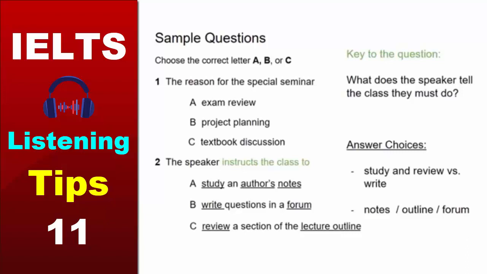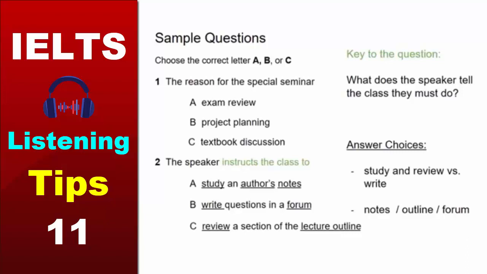So we'd have to look later in the sentence or in the phrase to figure out, okay, what are they supposed to study and what are they supposed to review for these two answer choices? Well, for A, it's studying author's notes, and C, it's reviewing a lecture outline. Those would be key details to keep separate as you're trying to listen for the answer to this question.